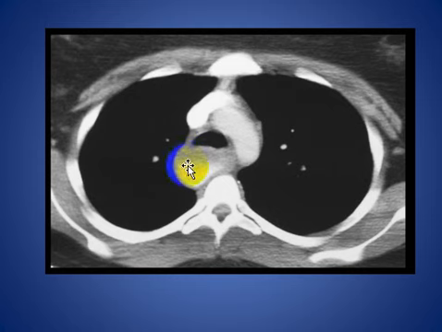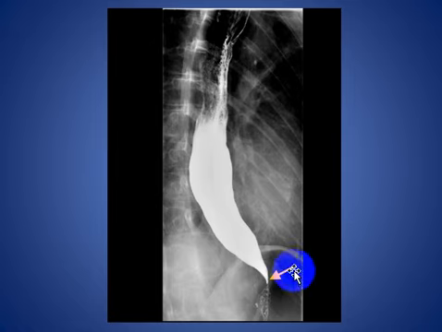Here, another patient, a 15-year-old female with esophageal dilatation due to achalasia and filled with contrast with air contrast fluid level. Another patient with achalasia with typical rat tail appearance of the dilated esophagus on this barium swallow.